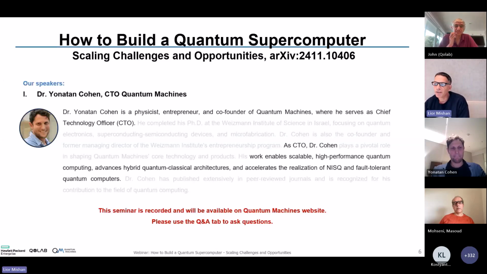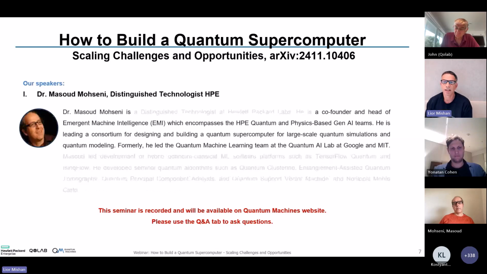Dr. Jonathan Cohen is a physicist, entrepreneur, and co-founder of Quantum Machines, where he serves as Chief Technology Officer. As a CTO, Dr. Cohen works to enable high-performance quantum computing, advanced hybrid quantum classical architectures, and accelerated realization of NISQ and fault-tolerant quantum computers. Dr. Masoud Mohseni, a co-founder and head of emerging machine intelligence, which encompasses the HP Quantum and physics-based Gen AI teams.